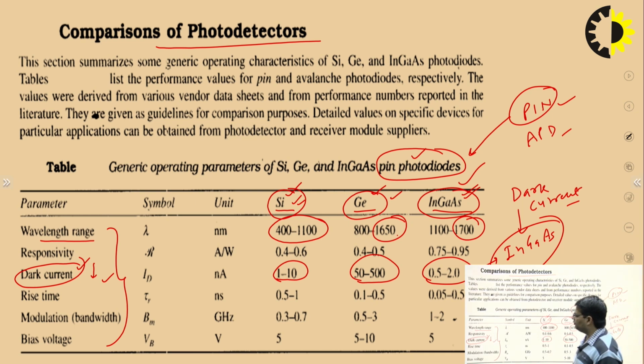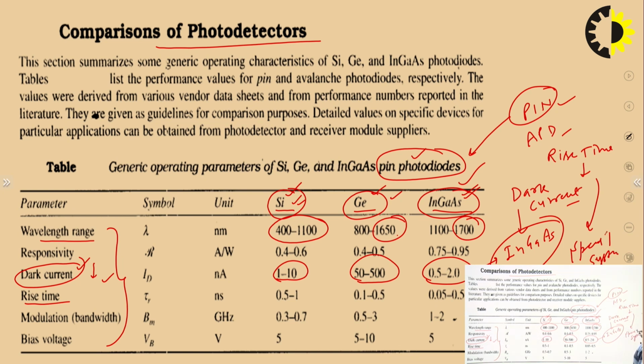Another parameter is, for example, rise time. Rise time tells us about the speed or response time of the system. So rise time should be low, that is, the speed of the system should be fast or high. A photodiode having the minimum value of rise time performs better.